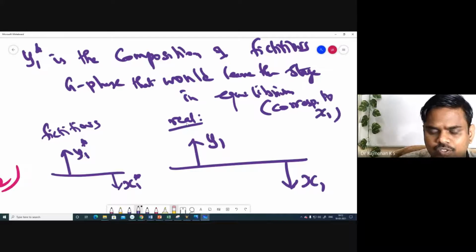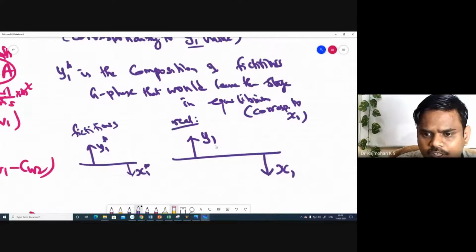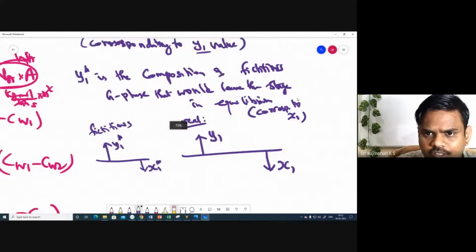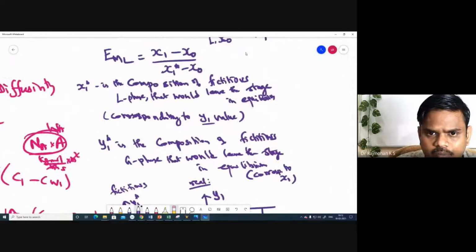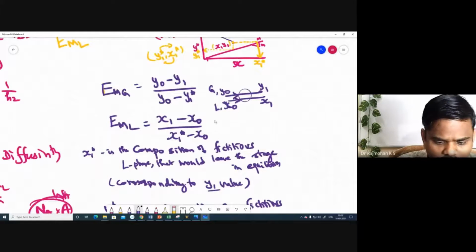This will be confusing in textbooks. So we should be able to distinguish between what is y1, x1 and what is y1 star, x1 star, and how this Murphree plate efficiency is defined.